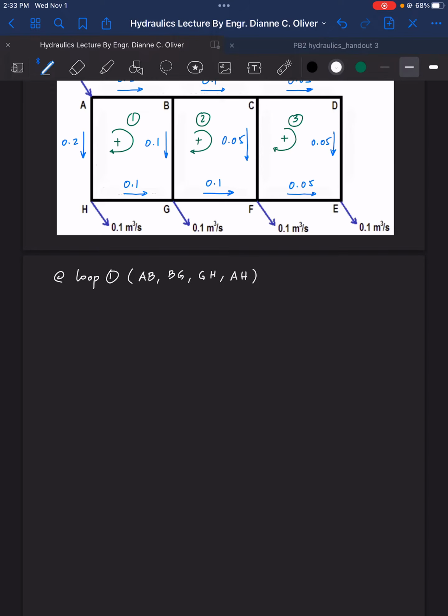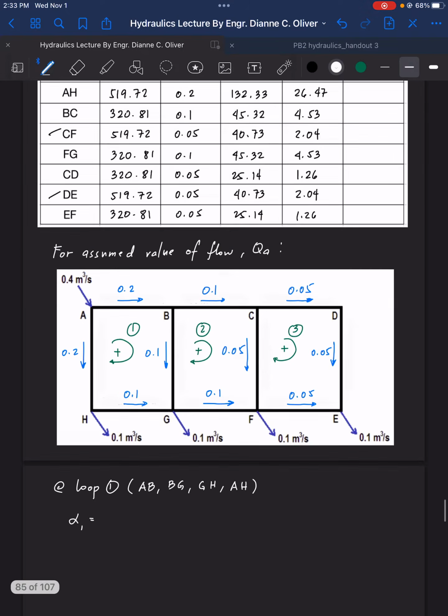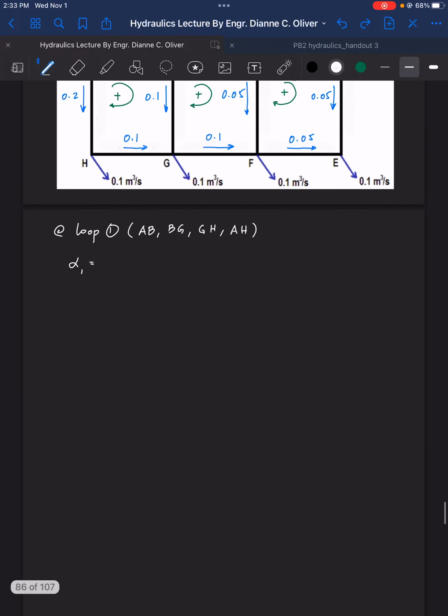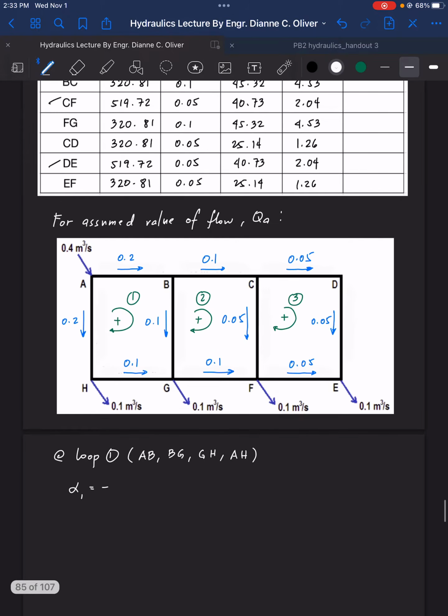So alpha 1 is equal to the negative of the summation of KQ^1.85, and we take as positive all clockwise flow and negative all counterclockwise flow.